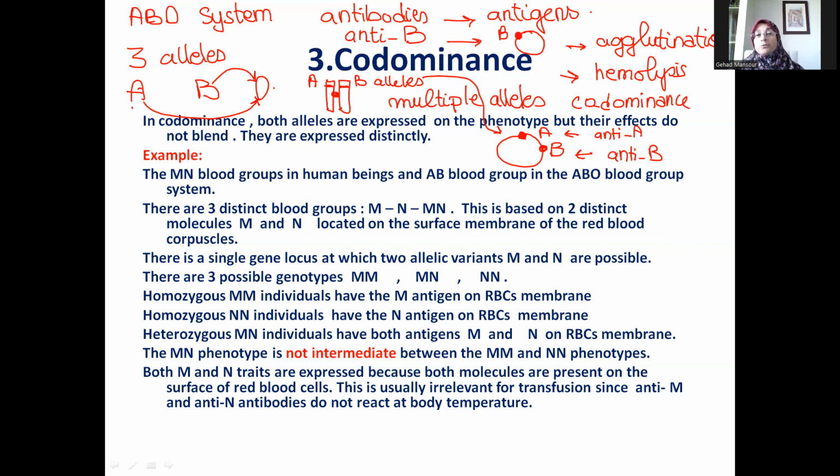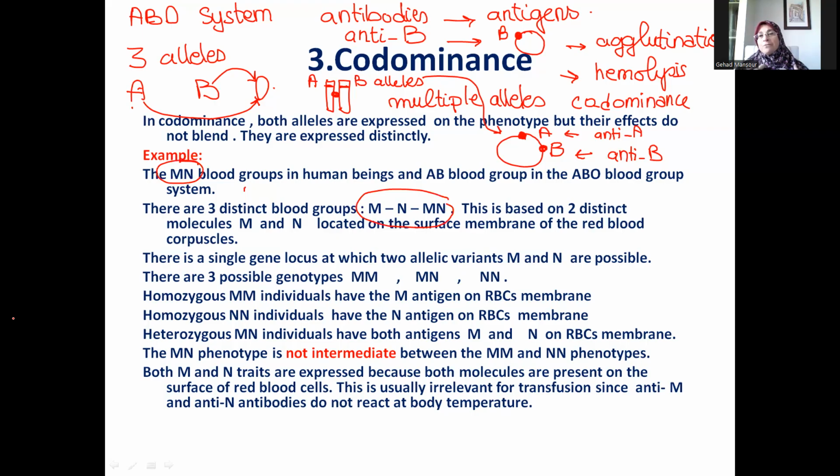The same applies to the other system of blood grouping, which is the MN blood group system. But the MN blood group system is less important and less serious than the ABO blood system, and we don't take it that much into consideration when considering blood transfusion between patients. Why? Because the antibodies against the M antigen and the N antigen, I mean anti-M and anti-N antibodies, do not react at the normal body temperature.